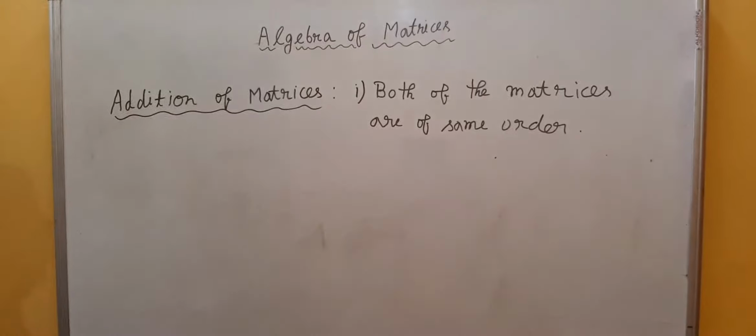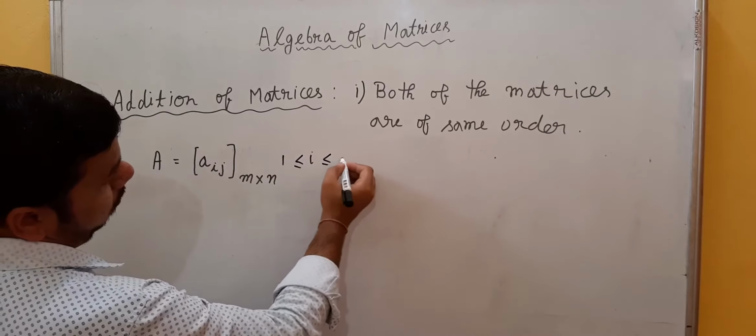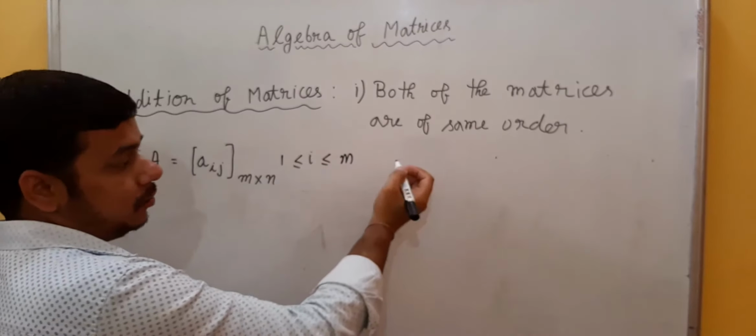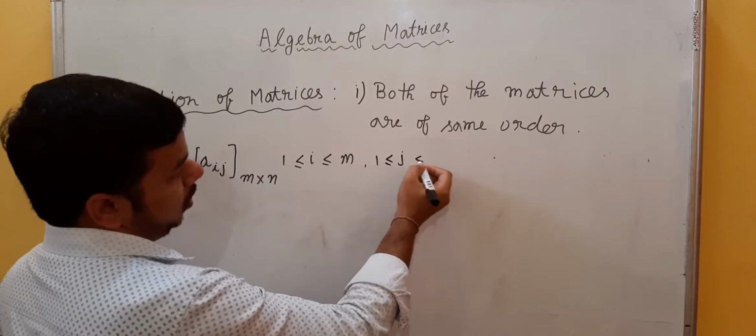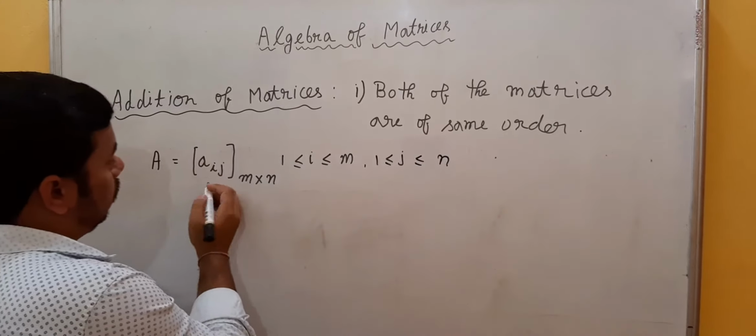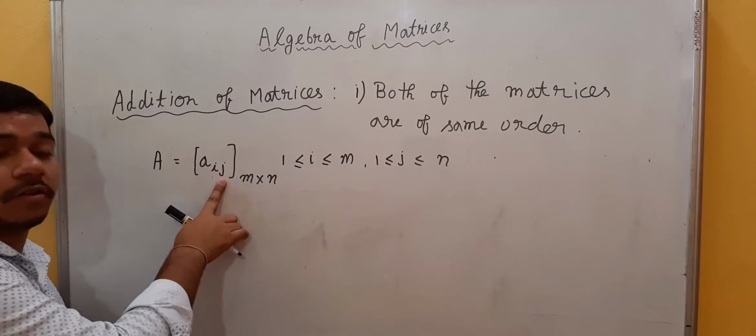Now, if we have two matrices of same order, A is equal to Aij, m cross n, the value of i varies from 1 to m and the value of j varies from 1 to n. i represents the row number and j represents the column number.